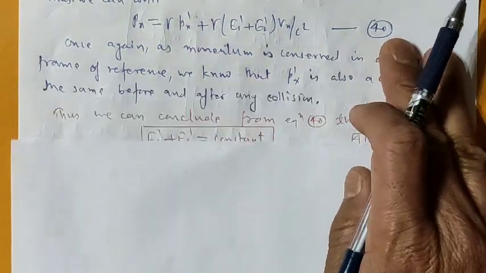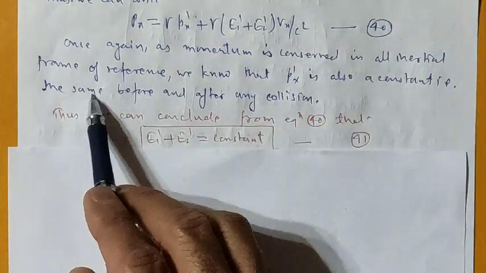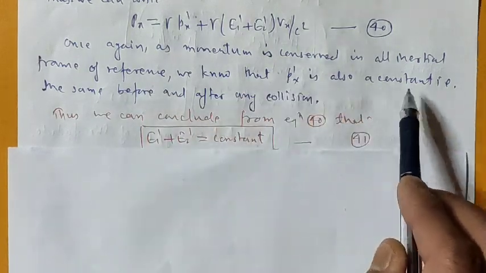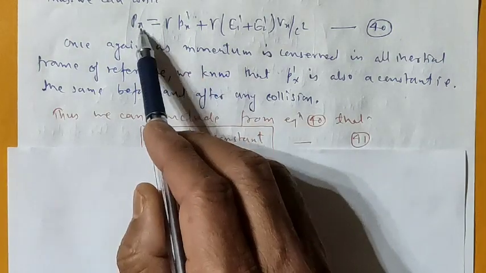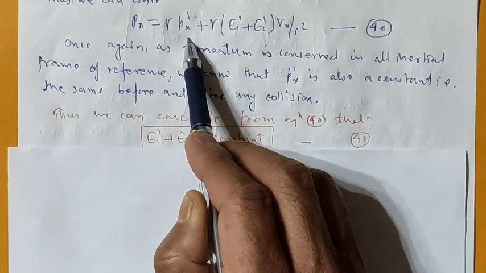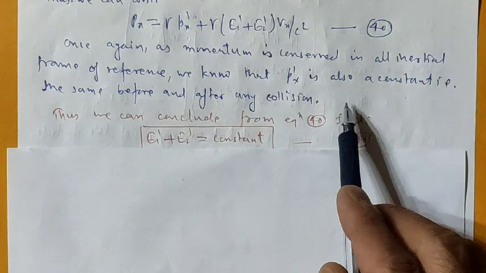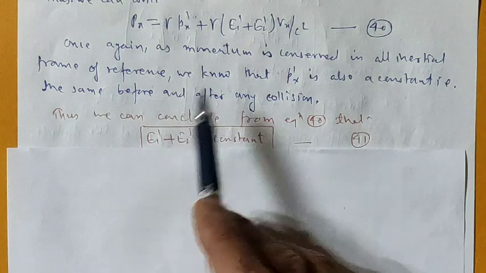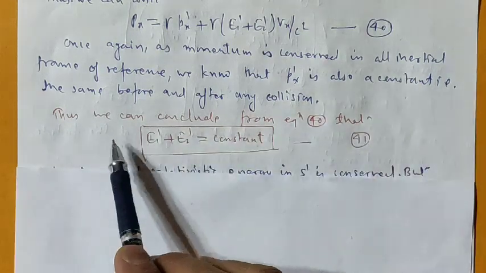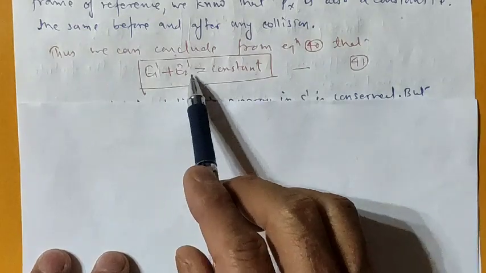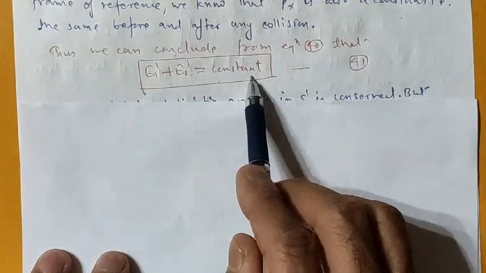Once again, momentum is conserved in all inertial frames of reference. We know that Px prime is also a constant. If this is a constant, this must be a constant. We conclude that in equation number 40, E1 prime plus E2 prime must be constant.